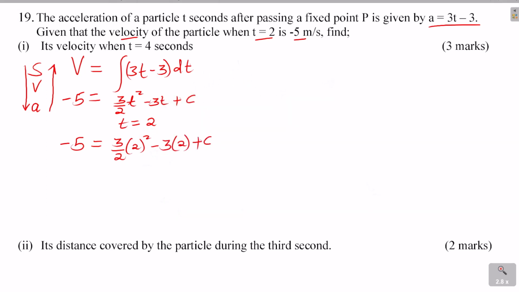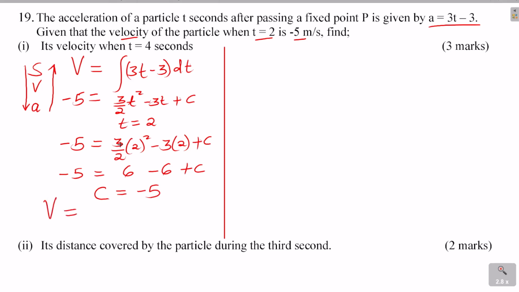This working is going to give us the value of the constant c. We work it out: -5 = 6 - 6 + c, so you realize c is given by -5.